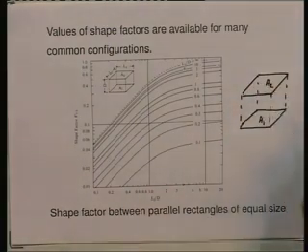A1 and A2 are two rectangles of equal size, parallel to each other and opposite each other, like the floor and the ceiling of this room. These are two parallel rectangles of equal size facing each other, or the two side walls which I am pointing to.